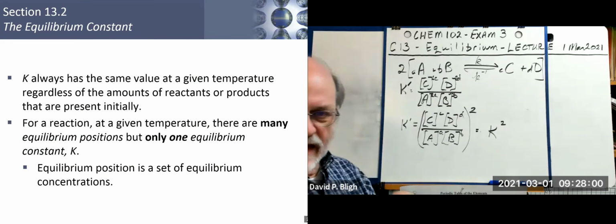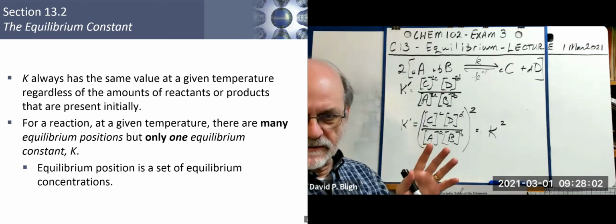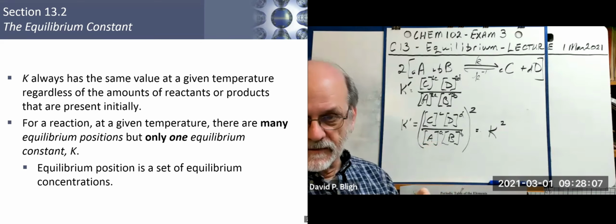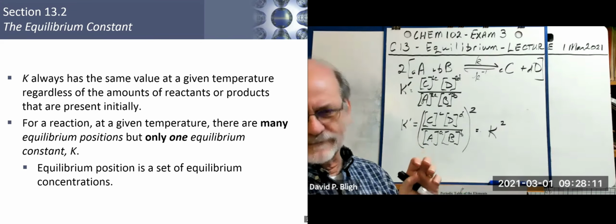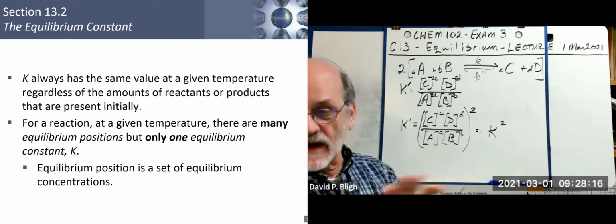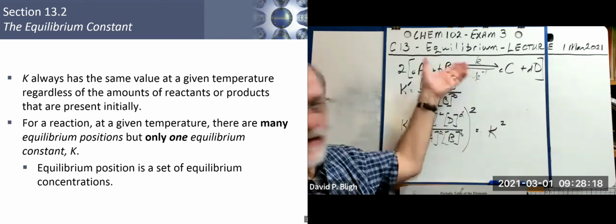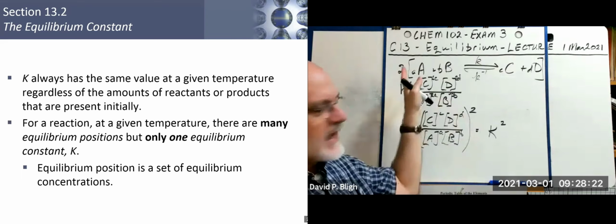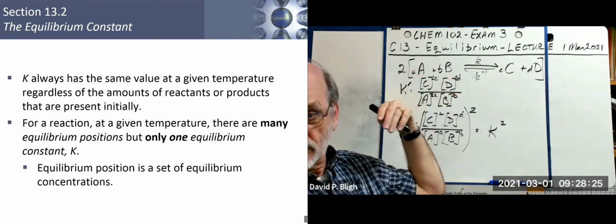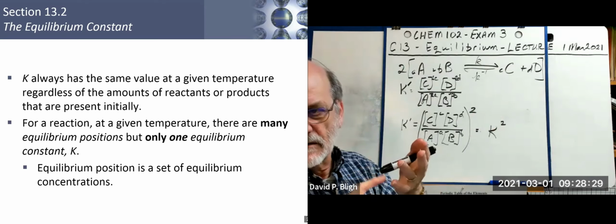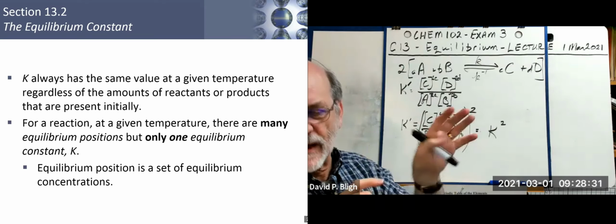All right, so as long as the temperature is constant, the K is constant. That's the only thing that affects the K, all other things being equal, right? You haven't done any of these transformations. Let's just say you've got that original K. What are you going to do to change that K other than reverse it or multiply it by a factor?